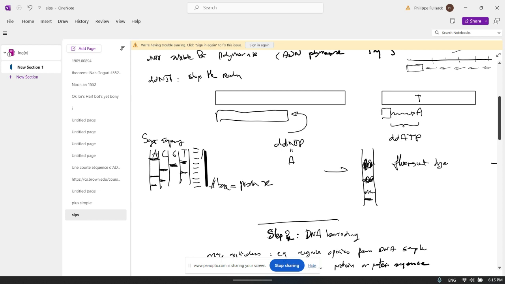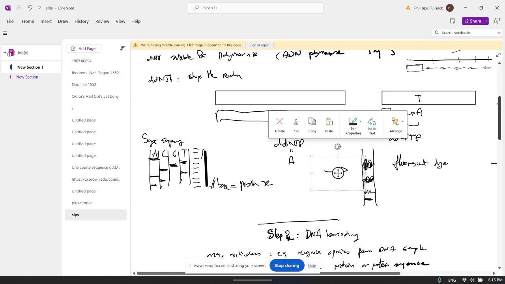So you put ddATP here, the radiolabeled sequence carries a radioactive A. Here the ddNTP terminates with A, and so on. Here the ddNTP carries C, then G and T.